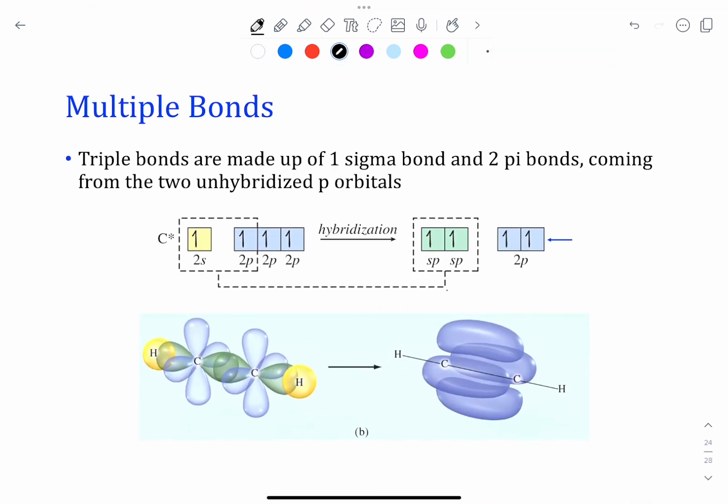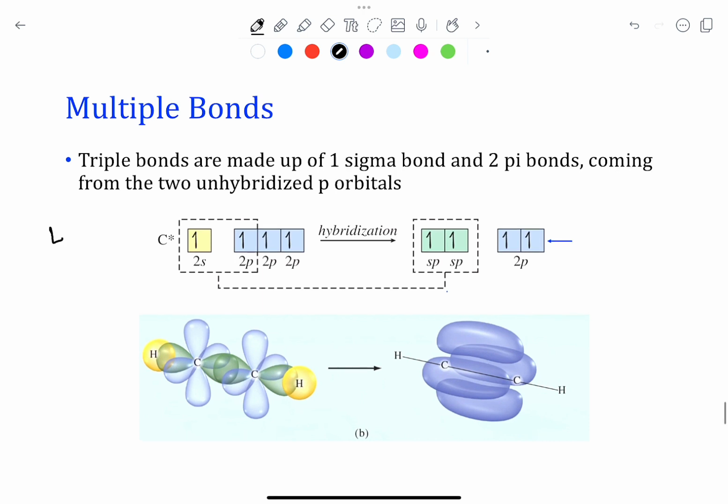Now if we move on to triple bonds, it's the same concept, it's just now we have one more unhybridized p orbital. So triple bonds are made up of one sigma bond and two pi bonds, coming from the two unhybridized p orbitals. If I wanted to make a triple bond, this would be linear, also known as sp hybridization.